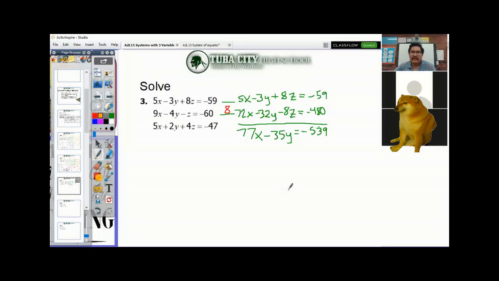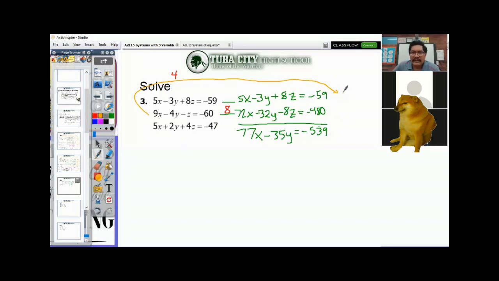Okay. Now let's go ahead and work on our equation B. So I've just been color coding it as orange. So with this one here, I'm gonna try to make this z a 4, so it's gonna be negative 4z. So multiply everything by 4, and like I said, I don't like changing the signs.